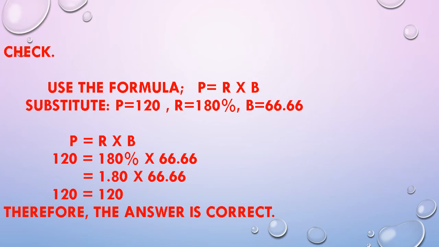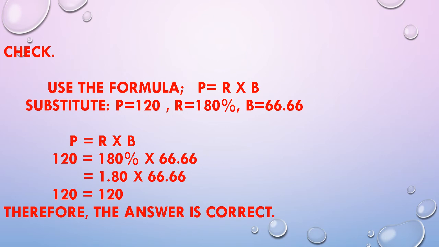Now we're going to check. We're going to use the formula P is equal to R times B. We're going to substitute the value of P, which is 120, R is equal to 180%, and B is equal to 66.66.